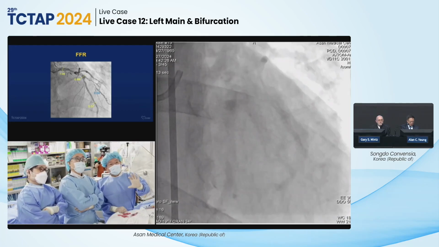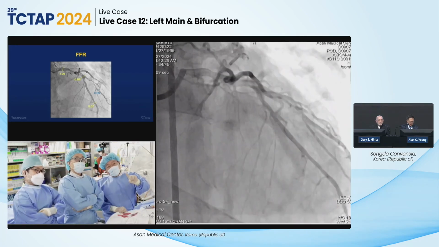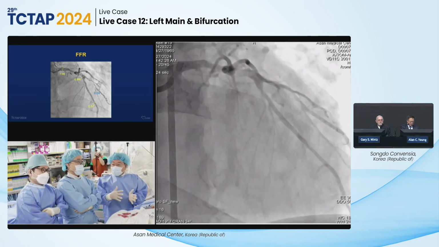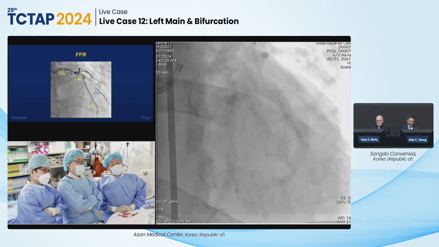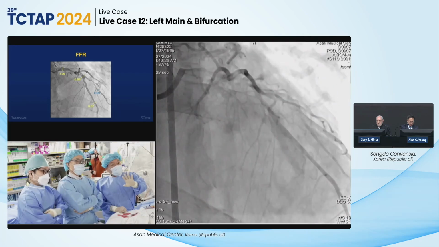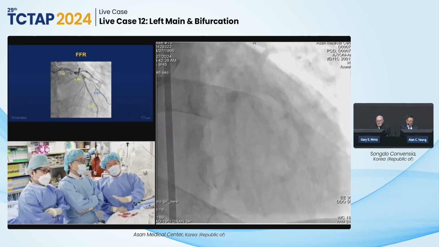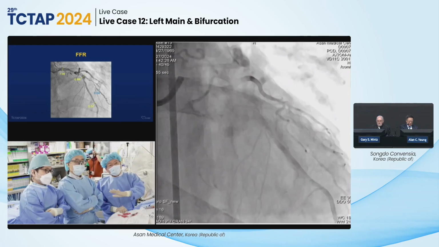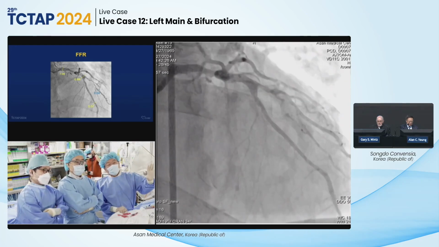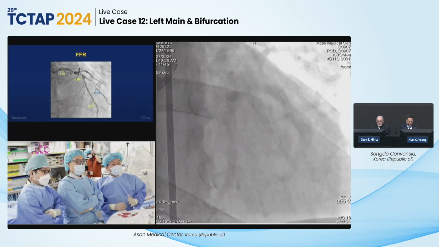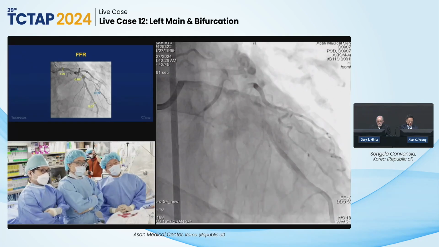The mid-portion of the LAD and some diagonal branches have disease, but the distal 0.57 and 0.59 is mainly influenced by the proximal main disease. We know that.